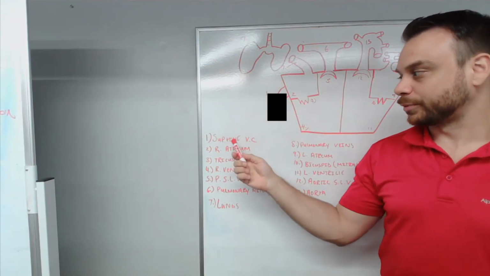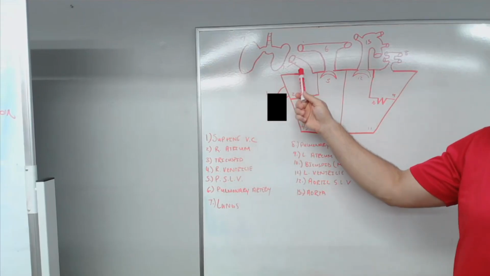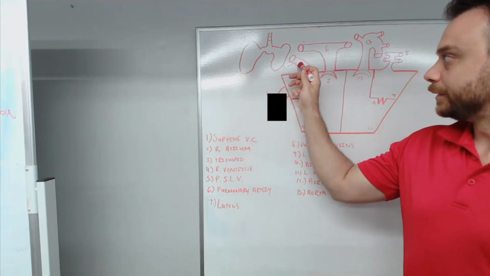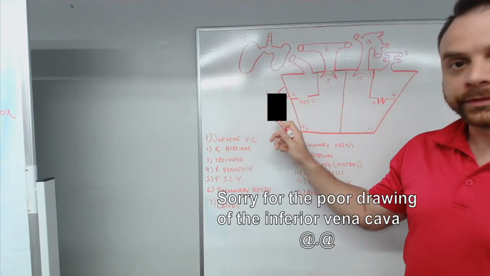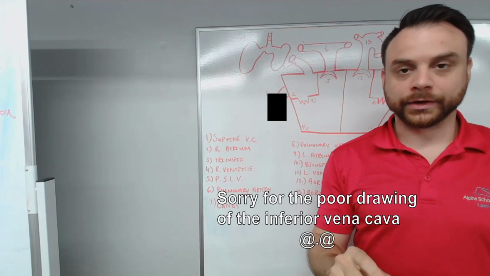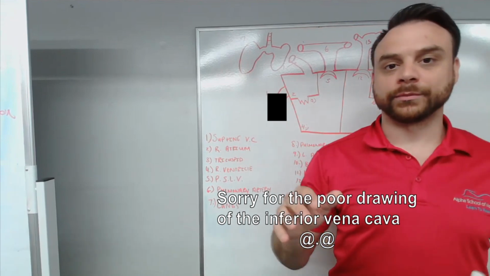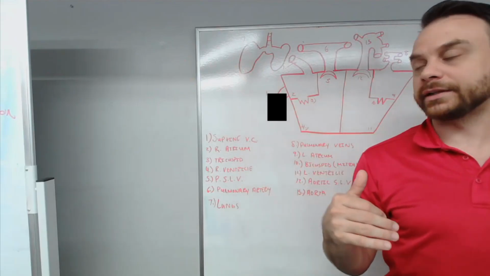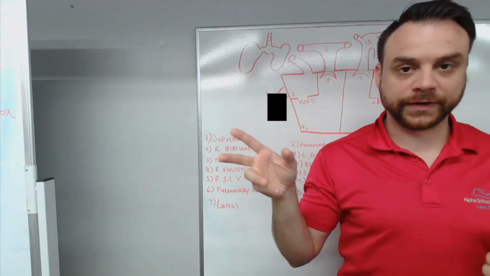Well, first step of the process involves these blood vessels right here. We have what's called the superior and inferior vena cava. These two veins are the main veins that take blood from all of the body back to the heart. All blood is dumped back to the heart via these two veins.